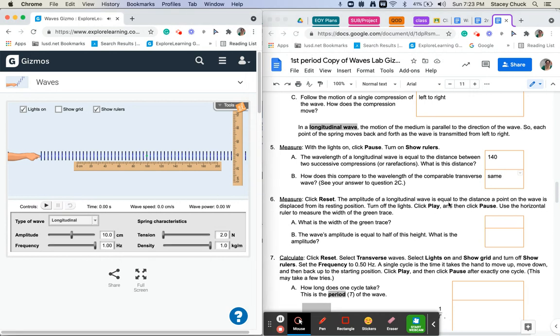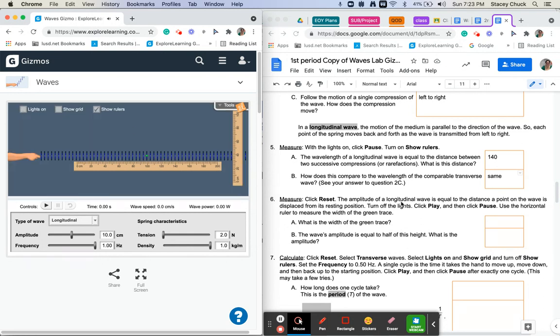The amplitude of the longitudinal wave is equal to the distance a point on the wave is displaced from its resting position. Turn off the lights. Click play and then click pause. Use the horizontal ruler to measure the width of the green trace.